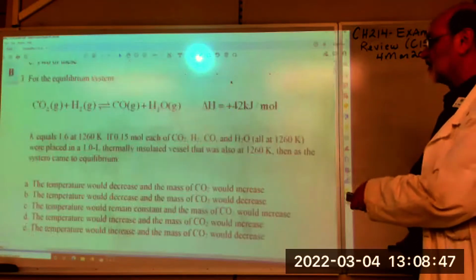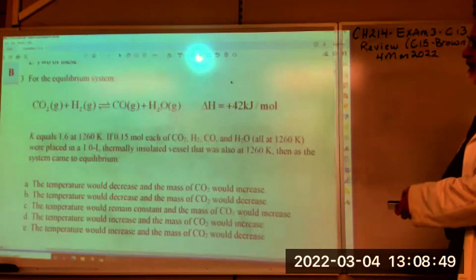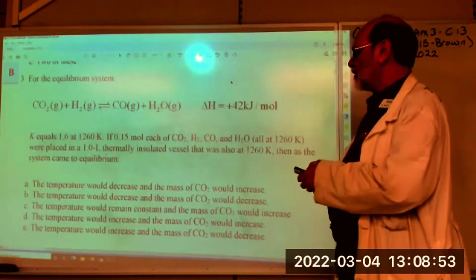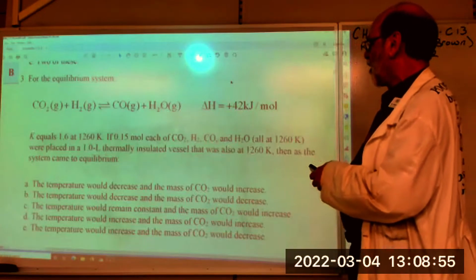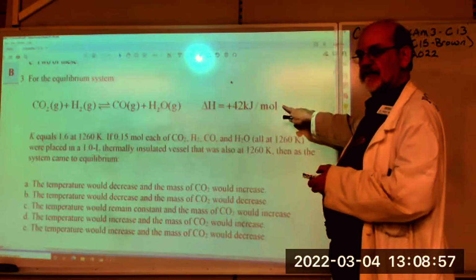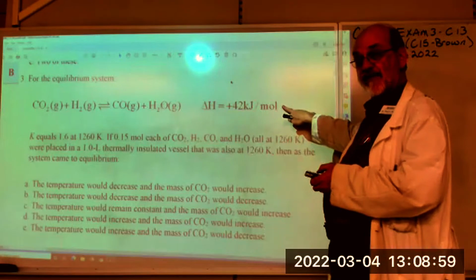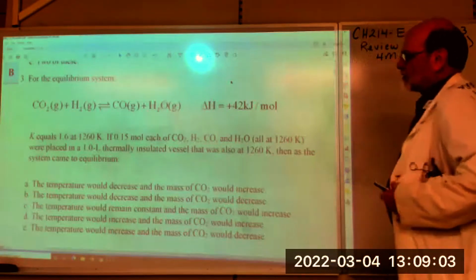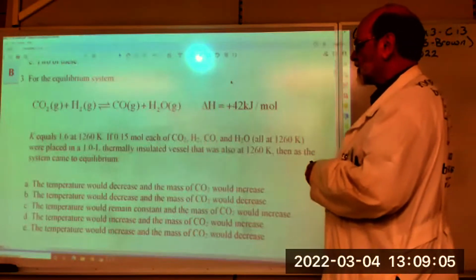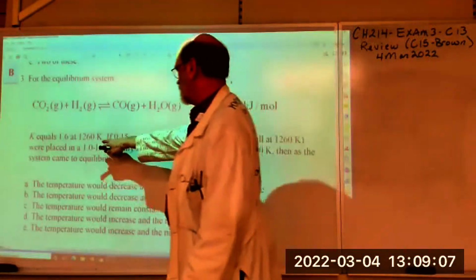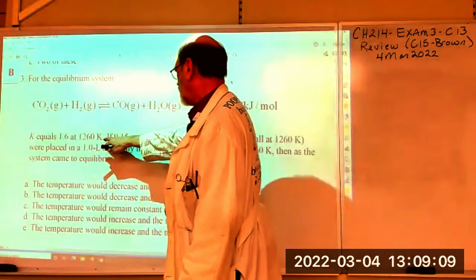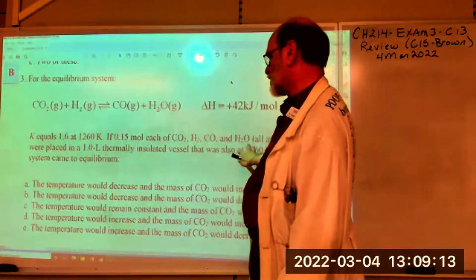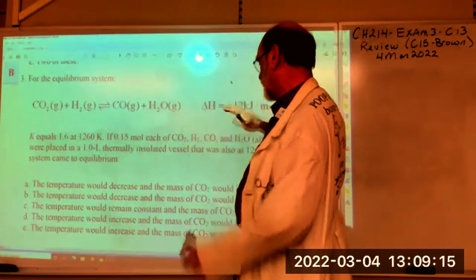Let's see, can I page? Yeah, there we go. For this system, carbon dioxide plus hydrogen yields carbon monoxide plus water, and it is endothermic. Okay. So if K equals 1.6 at this temperature, and it looks like the temperature is constant, at least for now.